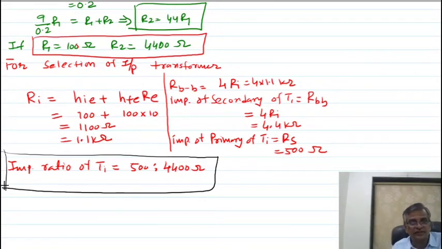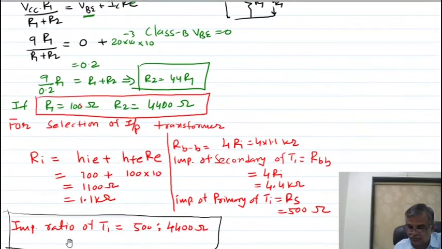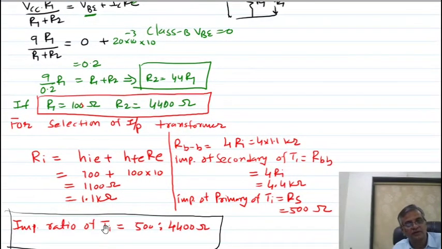I am not mentioning its power rating because very little is required, the signal is very weak. So in this way you can design your complete class B push pull amplifier. TI we have got, R1 R2 I got, TO I got.